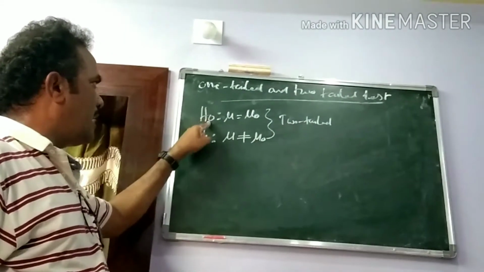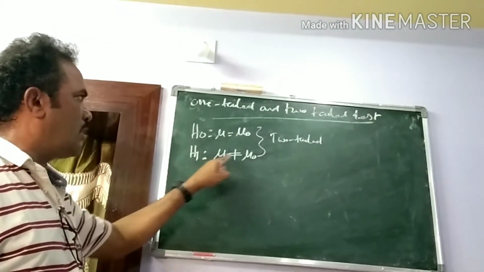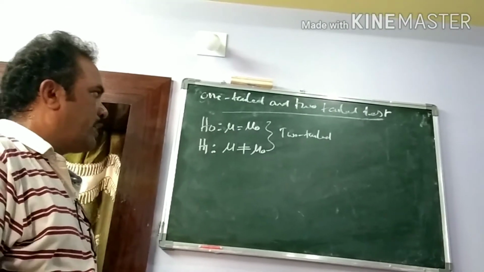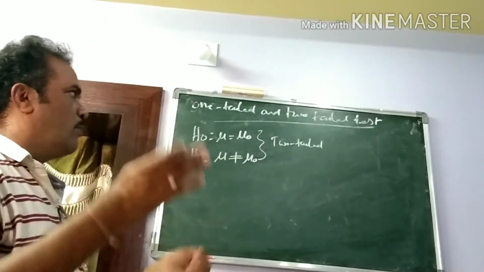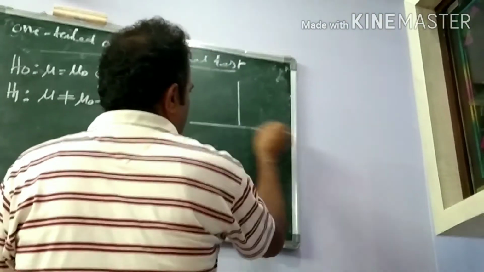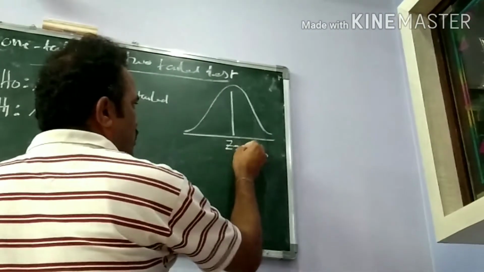For example, the null hypothesis H naught: mu equal to mu naught against the alternate hypothesis H1: mu not equal to mu naught. This is called the two-tailed test. In this two-tailed test, the critical region lies entirely on both the right and left tails. Here, this is the normal curve, z equal to 0.